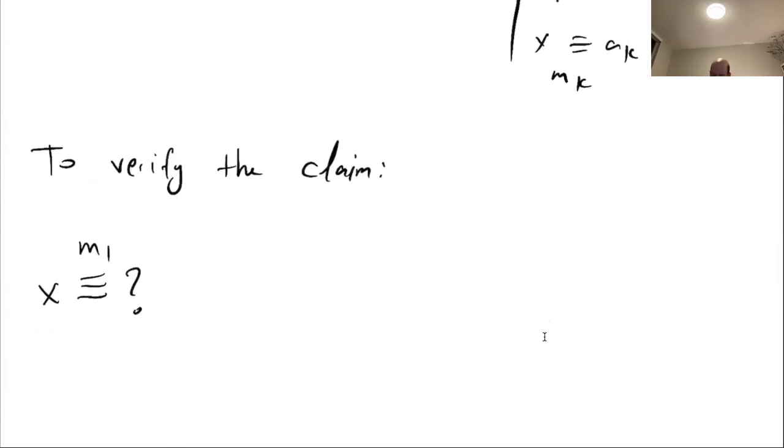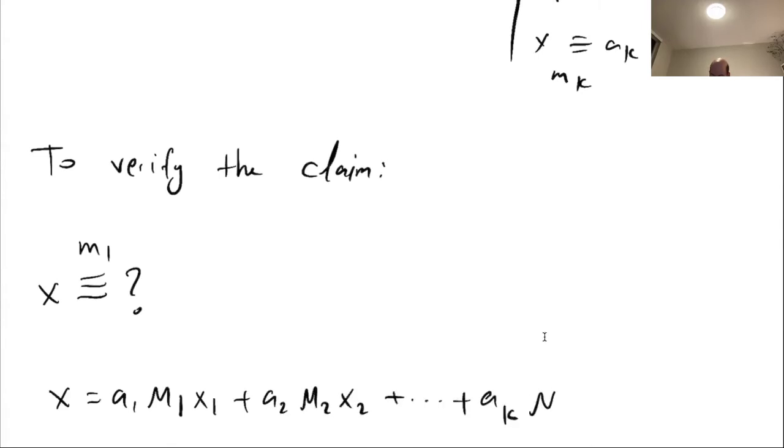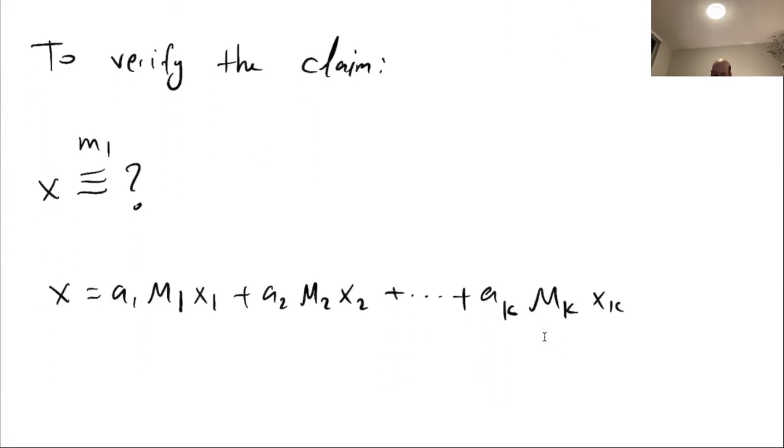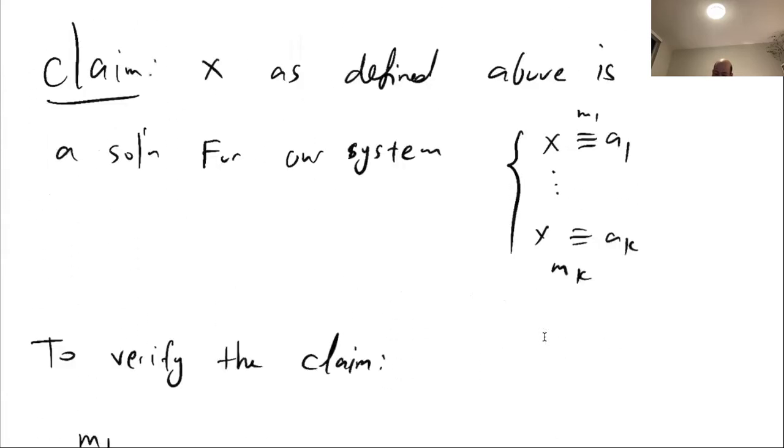What is X? X is A1 M1 X1 plus A2 M2 X2 all the way to AK MK XK. Now, what is capital M2?